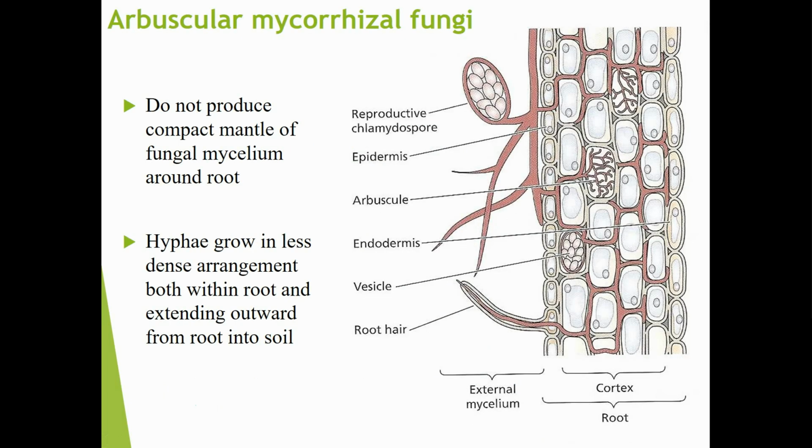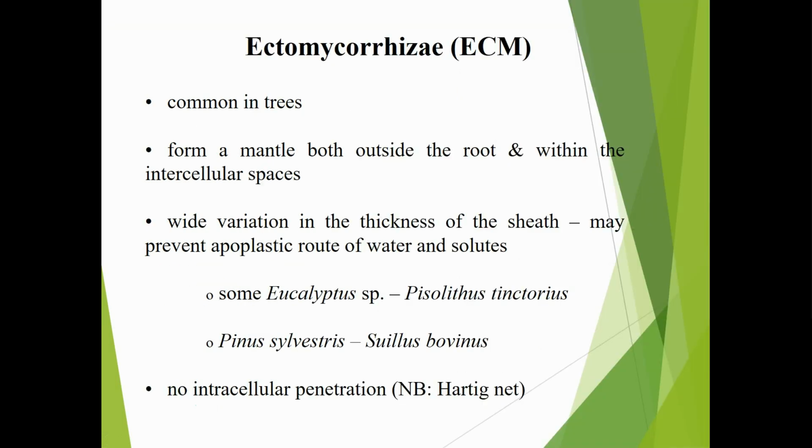And then you can see our AMF. Sorry, let's just go back a little bit. That hartig net is just a network of inward growing hypha that extends into the root, penetrating further into the root, into the cortex area, but not within the cells itself.